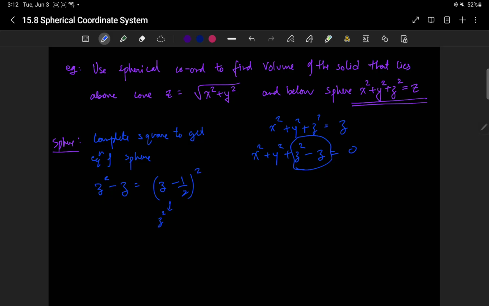This is z squared minus z plus 1/4. So to make them the same, I will subtract a 1/4. So what I have is x squared plus y squared plus (z minus 1/2) squared minus 1/4 equals 0, or x squared plus y squared plus (z minus 1/2) squared equals 1/4.